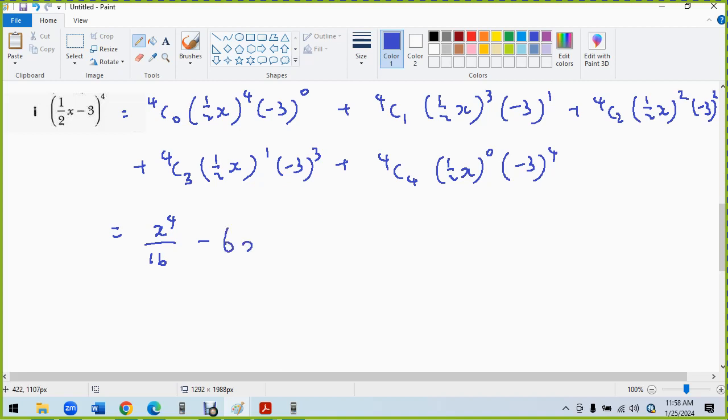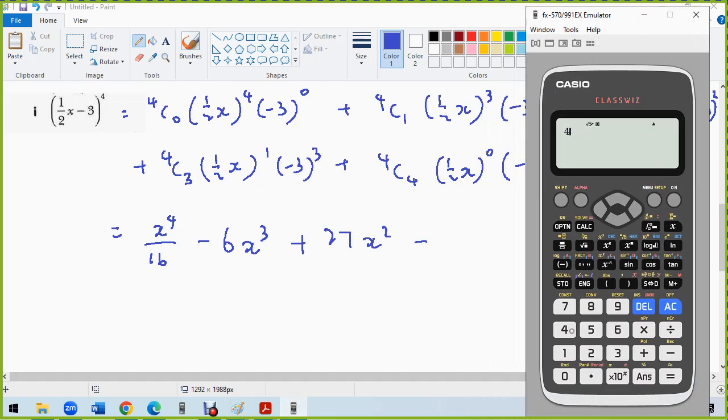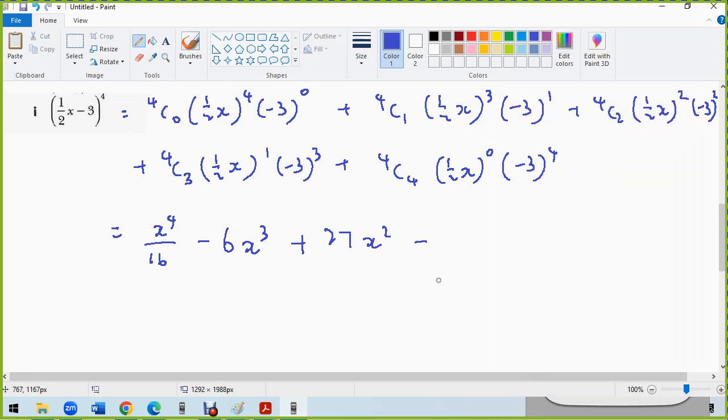So minus 6x cubed. And then this one plus 6 divided by 2 is 3. So 3 times 9, 27x squared. And then minus 4 times 27. 4 times 27 is 108x.